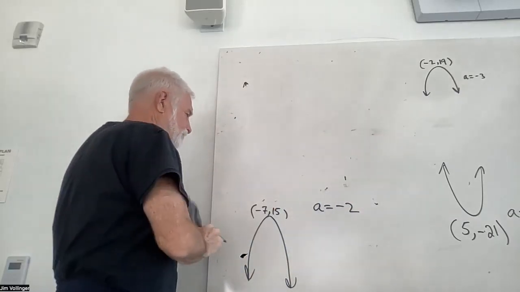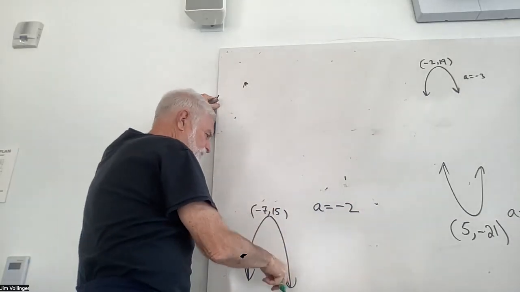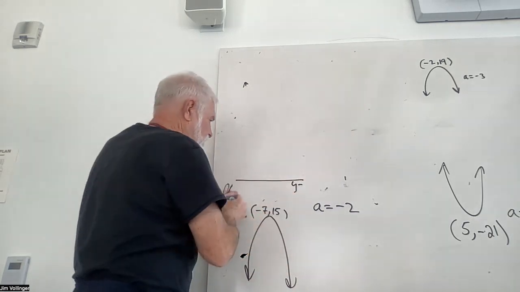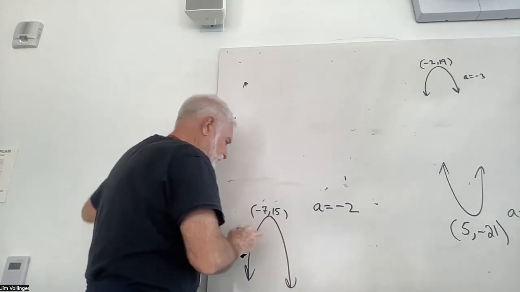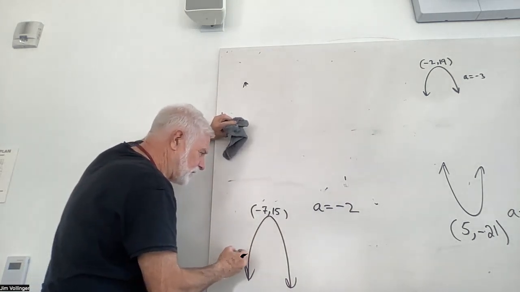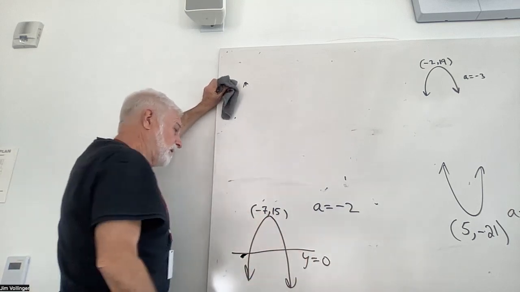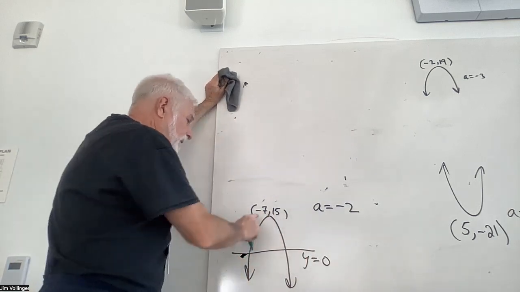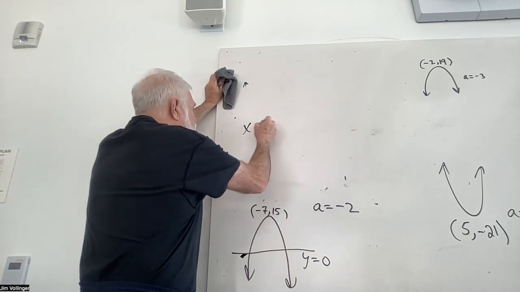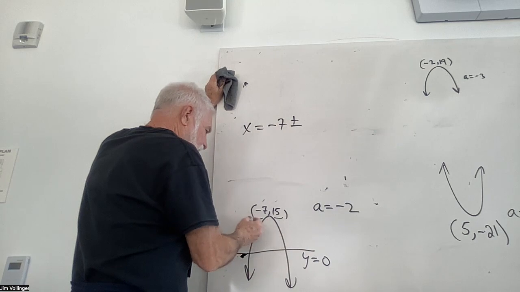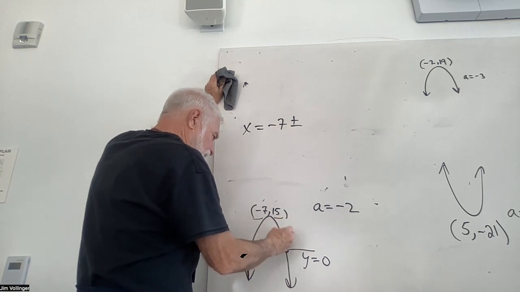I'll work up this time. 15 with a cup shape down. Again, imaginary answers. Oh, no, sorry. Going too fast. One of these days I'll make a video without making a dumb statement. 0 is below 15. All right, so I got real answers this time, and I'm measuring from -7. That's the x value. I'm going to move to the right and left, and then I can see that this x value is there.